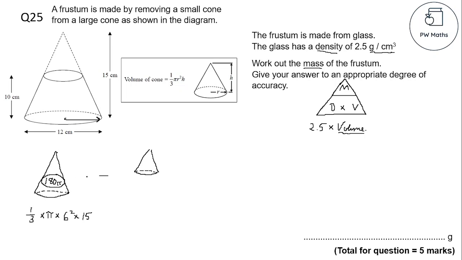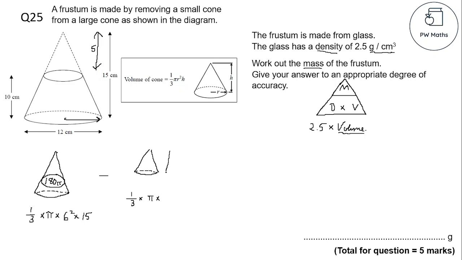You could press SD if you wanted to. Then we've got the small cone, which looks quite similar. So we do 1/3 times pi times r. A major problem: I don't have the radius, but I do have the height. 15 minus 10 is 5.